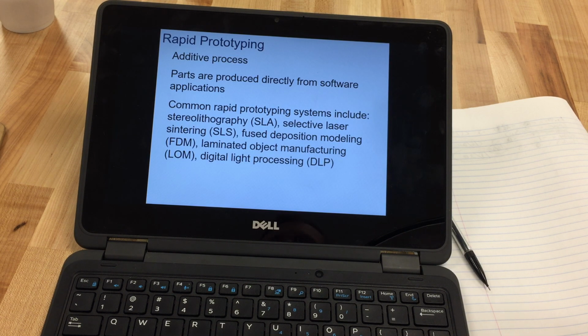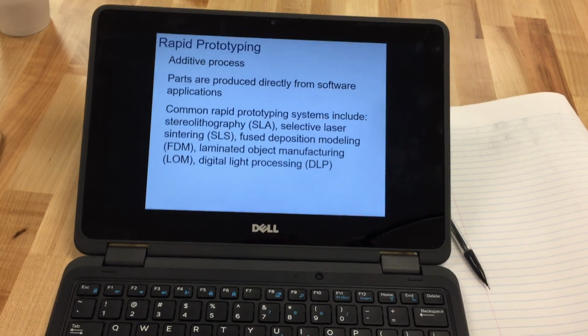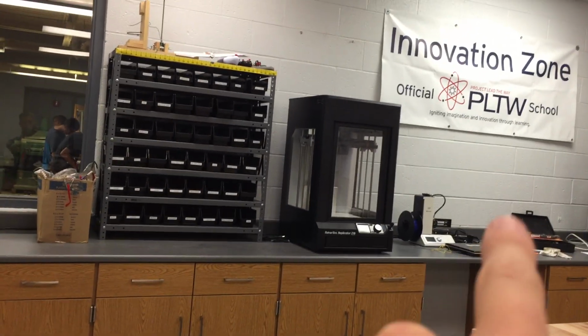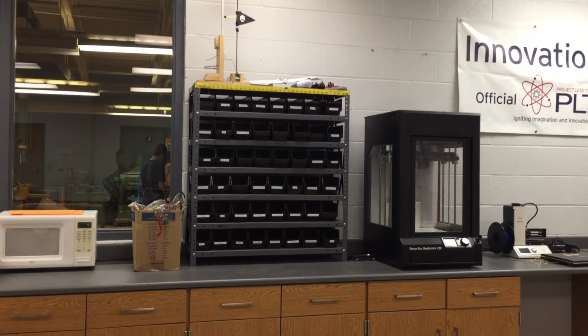There are different types of 3D printers, but for the purpose of our classroom, we have fused deposition modeling, or FDM printers, and that would be the two printers over there. The one on the left was donated by Hoosier Pattern, and the one on the right is a Monoprice.